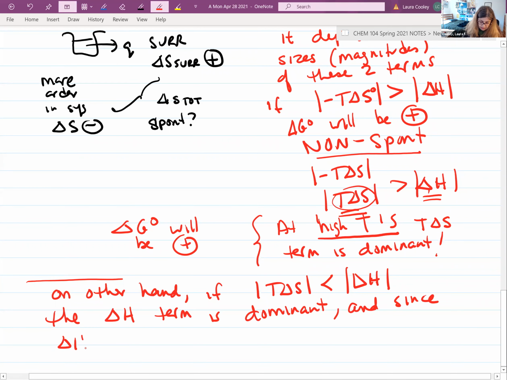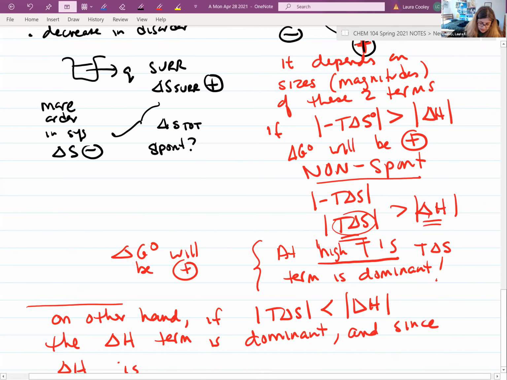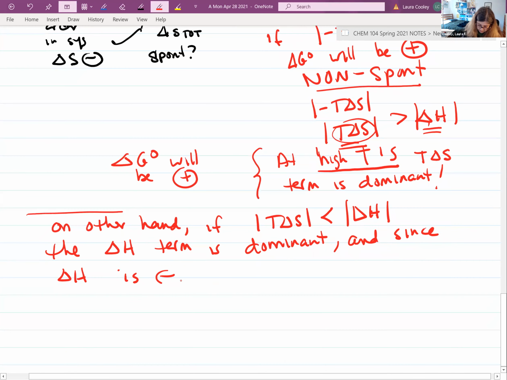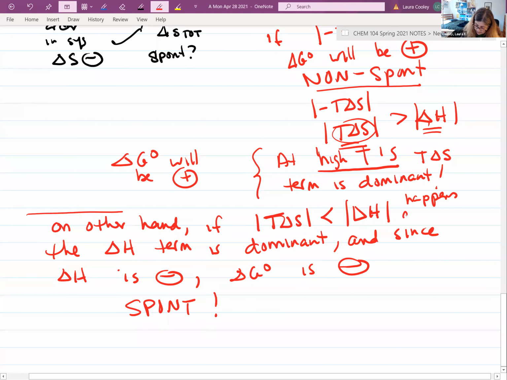And since the delta H is negative, the delta G0 will be negative. And the reaction is spontaneous. When does this happen? It happens if T delta S is less than delta H, which happens when the temperature is low. So it happens at low temperatures.